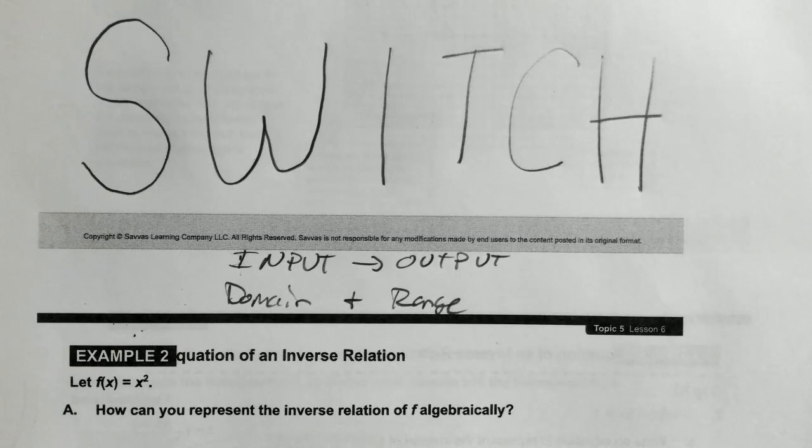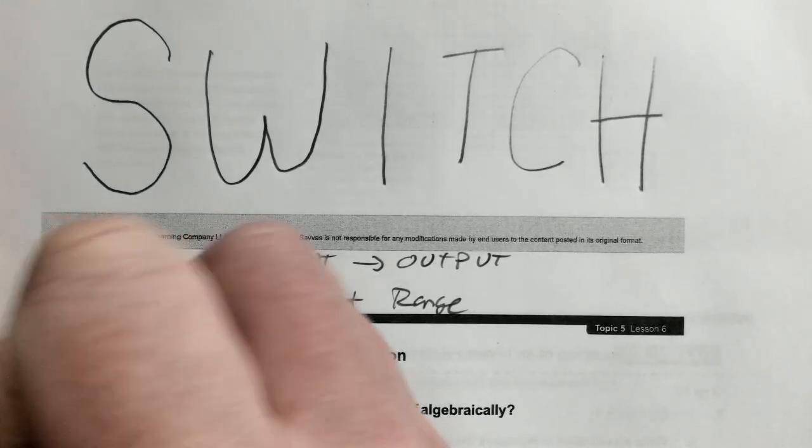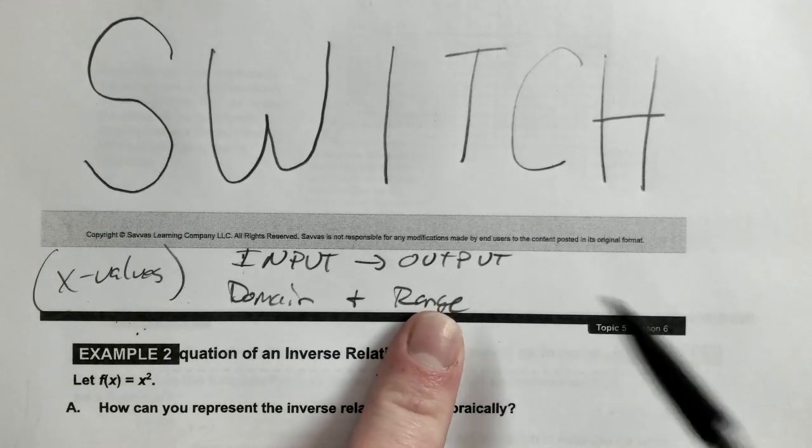Inputs and domains, what variable is that describing? X, yeah, so these are all of your X values. Outputs and ranges are describing the Y values.